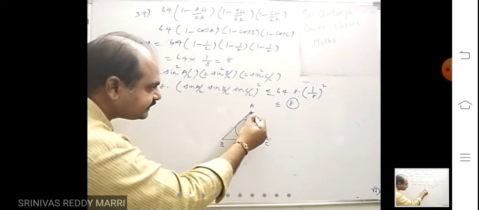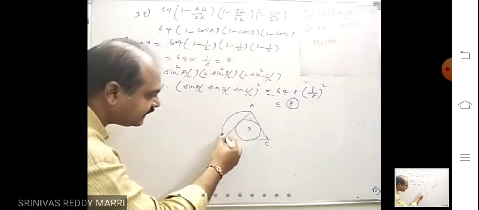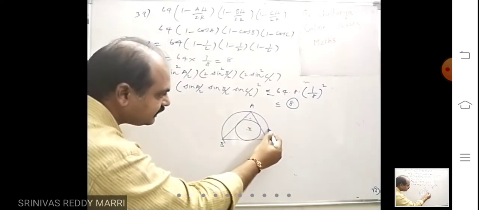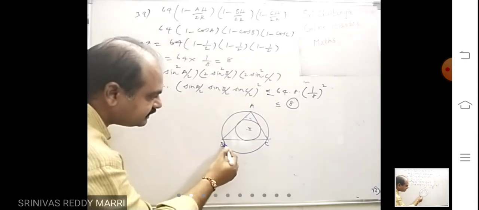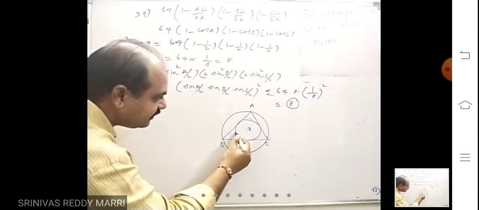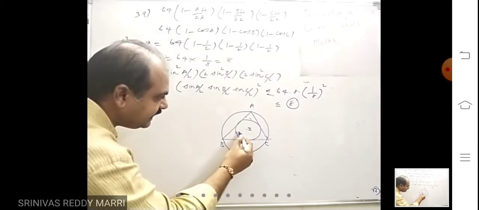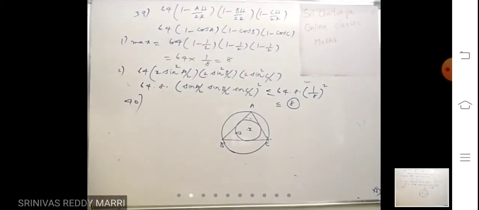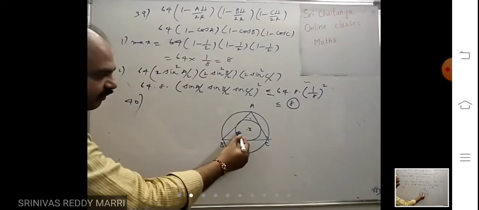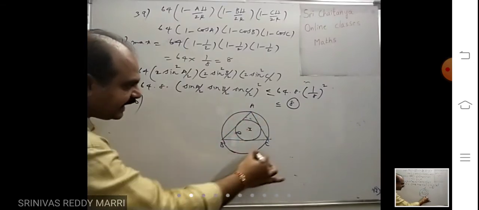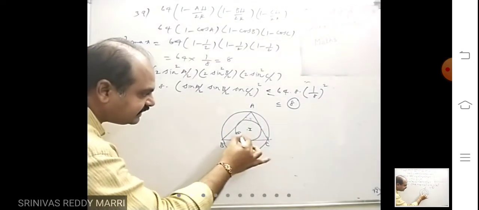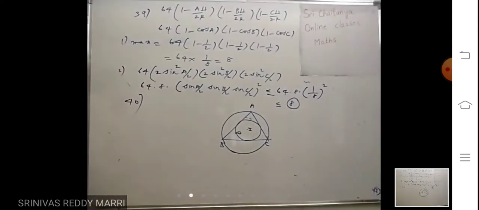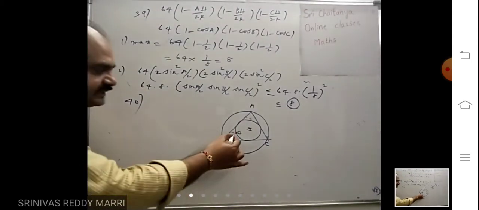Circumcenter means the center of the circumcircle of the triangle; let it be O. What he is telling is that this center lies on the incircle.